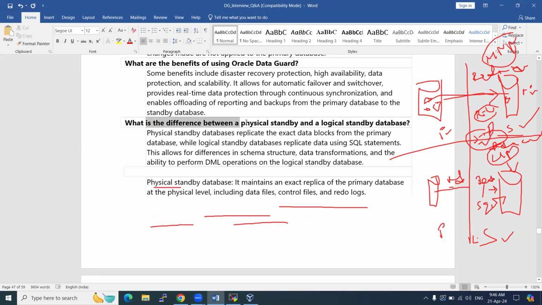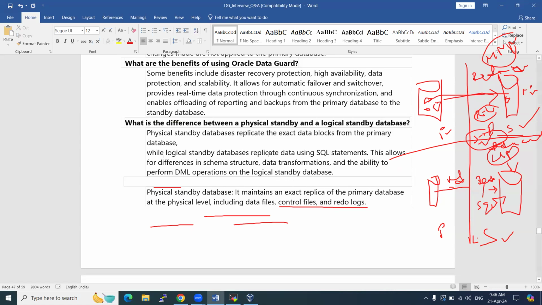And what is the difference between physical standby and logical standby? As I explained just before, physical standby is an exact copy of your primary database, and it applies the redo. The MRP background process does the apply. It is similar to your primary, applied block by block. Physical standby database replicates the exact data blocks from primary to standby.